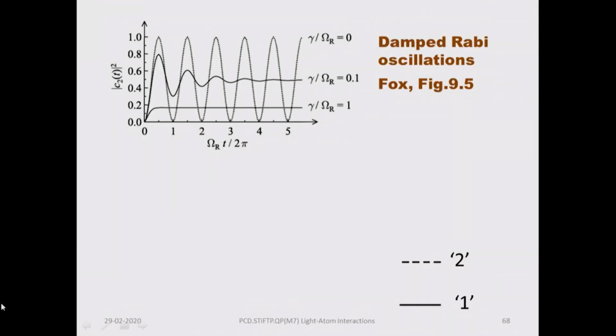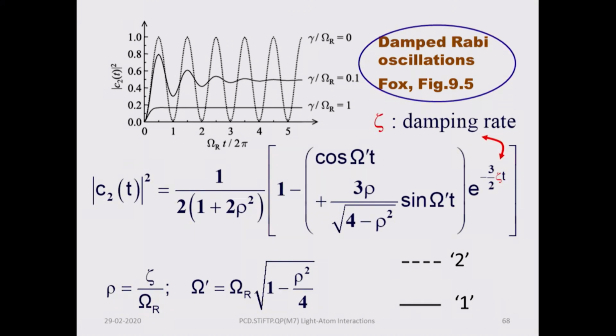And depending on the extent of damping, these Rabi oscillations, which look so nice and continuing by these dotted oscillations, they will actually get damped out depending on the extent of damping. Okay? And they will get damped out, and in due course of time they would actually even die out.